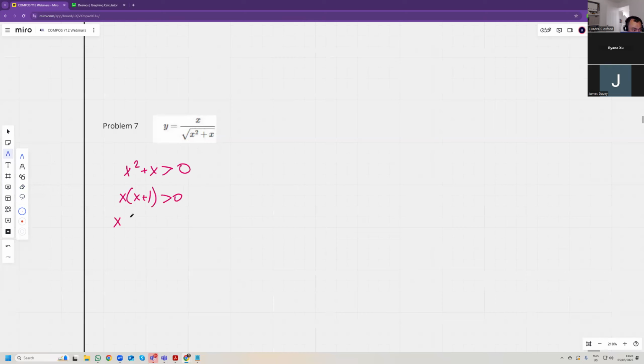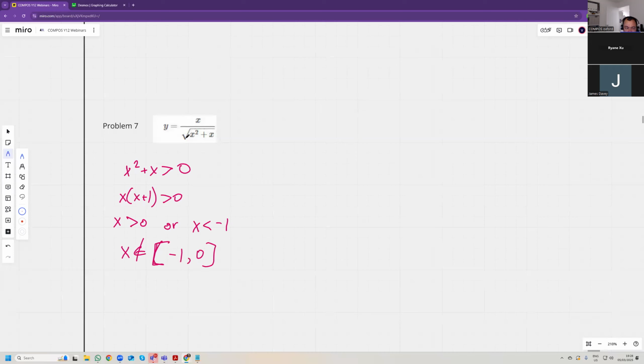So x has to be greater than 0, or x has to be less than -1. So x does not belong to the interval from -1 to 0.